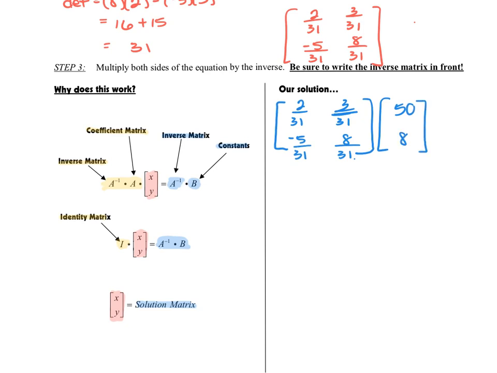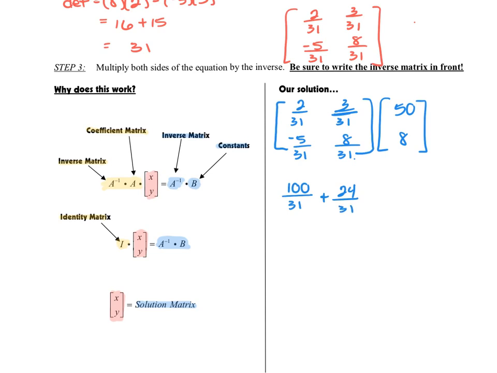And now I can start doing my multiplication. So that means I'm going to do my 2 over 31 times my 50, and my 3 over my 31 times my 8. When I do that, I'm going to write a middle step. Sometimes you'll need it and sometimes you won't. That's going to give me a 100 over 31 plus my 24 over my 31.